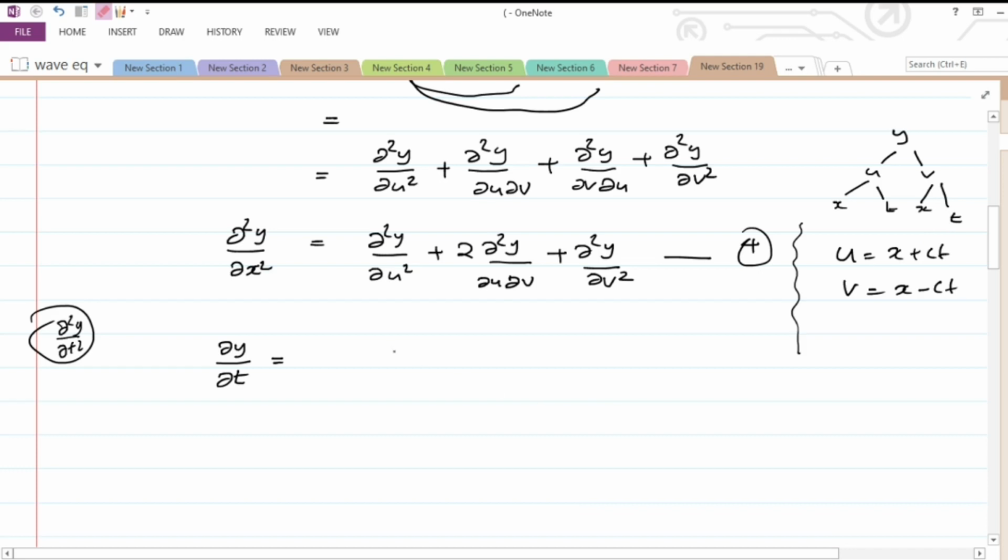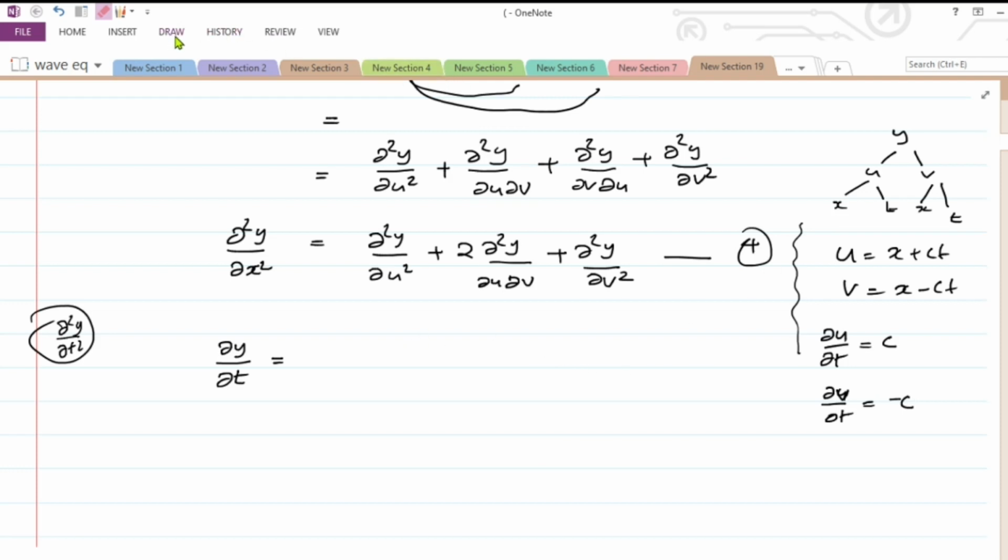Okay, by keeping this in mind we also get ∂u/∂t is equal to c, and ∂v/∂t is equal to minus c. So we can keep all this in mind. So now we take ∂y/∂t.